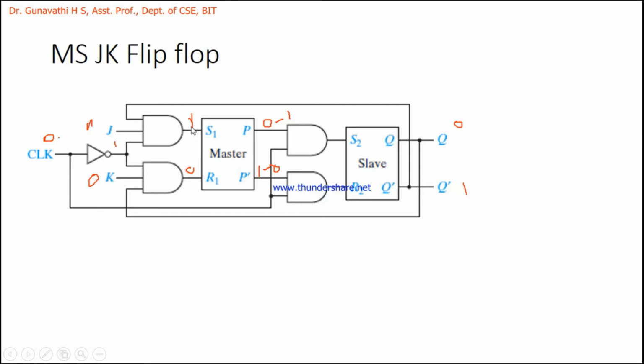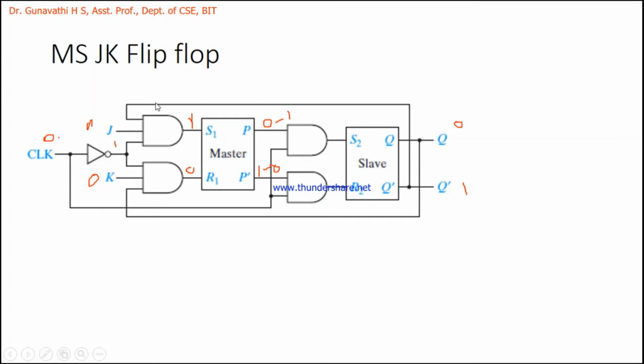The output here is 1. Now this here has been 0, this output is 0, 1 and 0 across this, so the output here is set. So the first master output is set, 1 and 0 will be obtained.